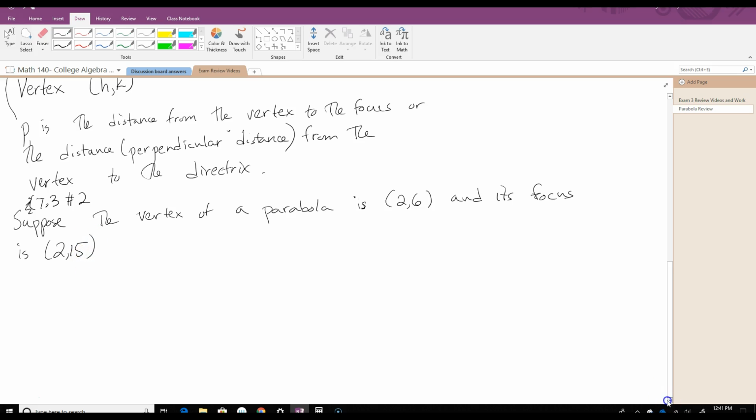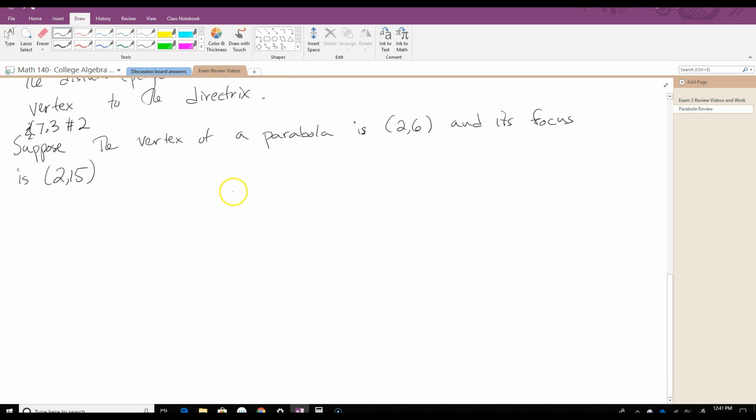What I'm going to do is set this up on a graph, and then we're going to talk about it. Rather than think about it in equations, we'll think about it mostly as a graph, but then also somewhat as equations.